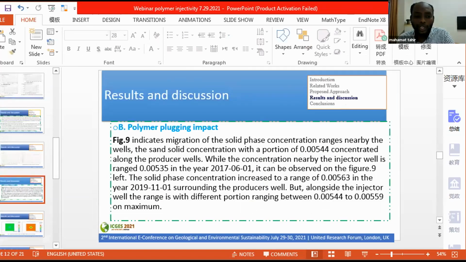So then we go to case B, which is part of the polymer plugging, and that plugging is also part of the blockage, which is the solid concentration. It has a direct effect: the solid is blocked within the core of our reservoir.